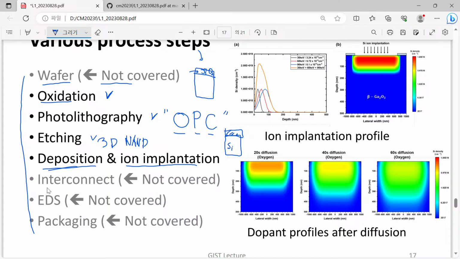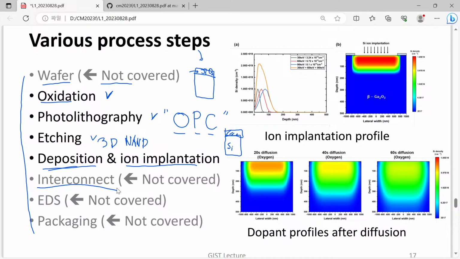Of course, we have other ones like making interconnect lines. Although it is important, that is not covered in this course. And ESD, which prevents electrical discharge, is also not covered. And packaging: nowadays you hear much about packaging being the most important, because they want to introduce multiple functionality into one chip, and this is the best way to do it.